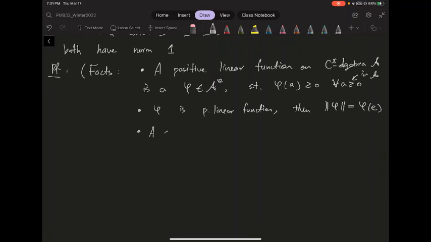So a state is essentially just a positive linear functional such that phi of E equals 1, or you can say it's a norm 1 positive linear functional. The states of the C-star algebra really determine your entire space. That's quite an important set.